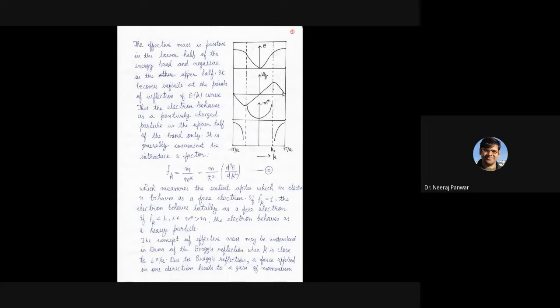Velocity 0 can be understood as follows: now the electron has a wave vector whose length is equal to pi upon a, and it would be reflected in another direction, and the combination of the two waves will generate a standing wave. A standing wave does not travel in space, it remains where it is. Therefore the group velocity at the zone boundary is 0.